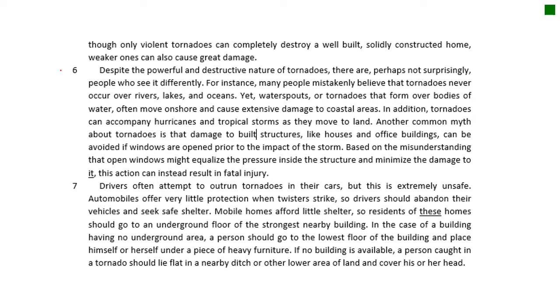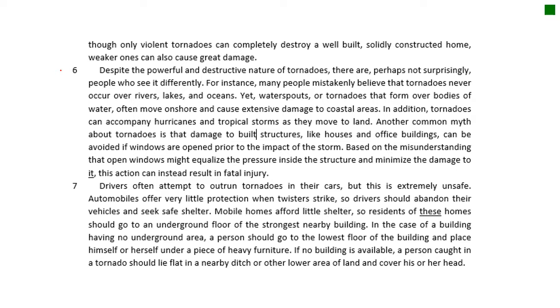Another common myth, a belief that turns out to be wrong, is that damage to built structures like houses and office buildings can be avoided if windows are opened prior to the impact of the storm. Based on the misunderstanding that open windows might equalize the pressure inside the structure and minimize the damage to it, this action can instead result in fatal injuries.